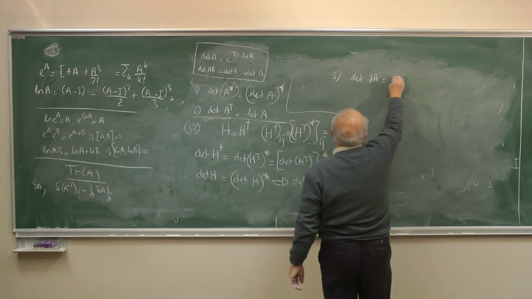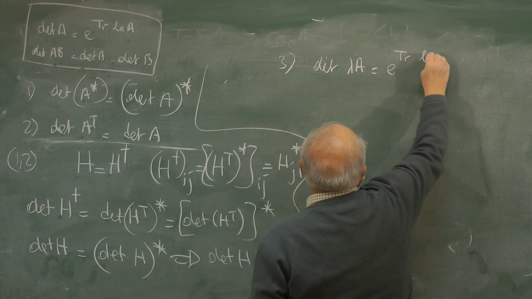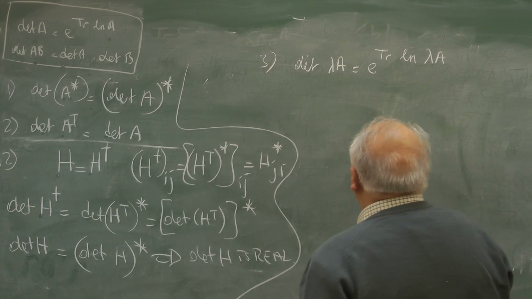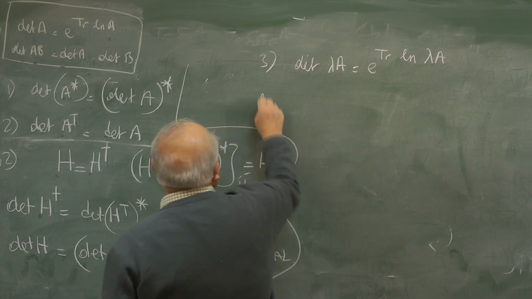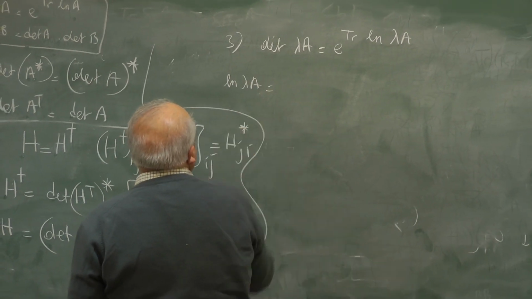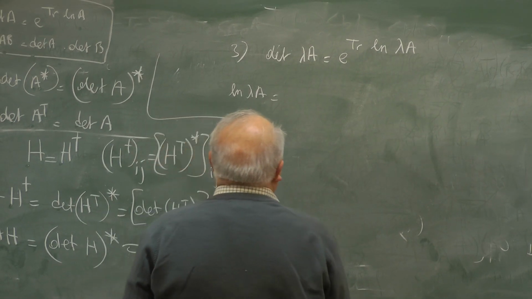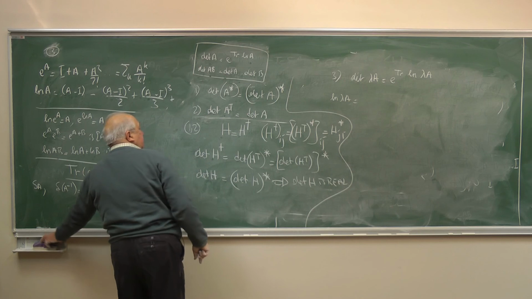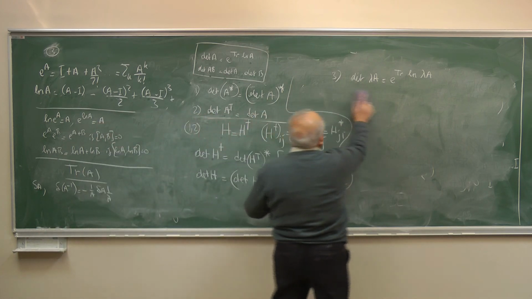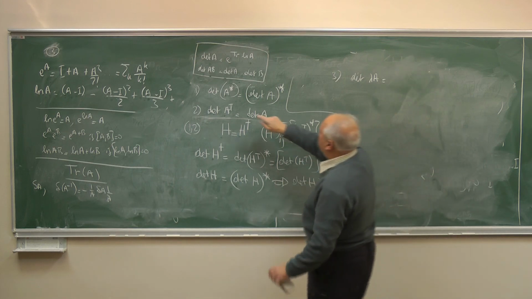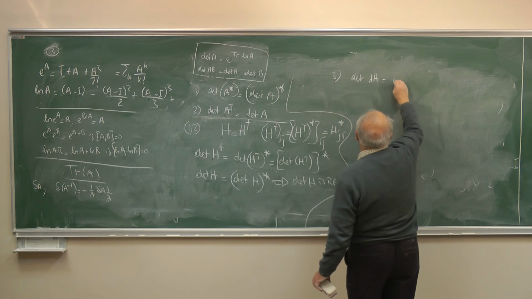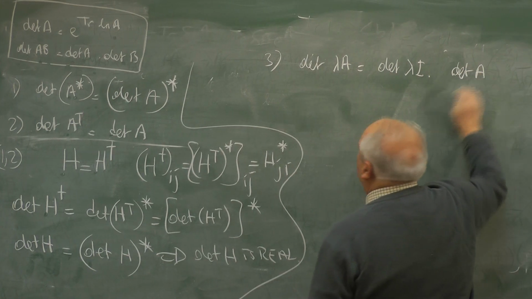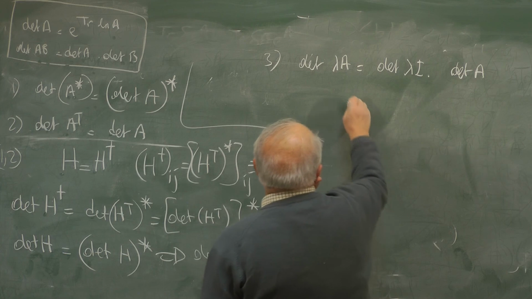This is equal to e to the trace log of lambda A. I will use this one: determinant AB is equal to, that means I will write determinant of lambda times the unit matrix times determinant A. I'm using this property.